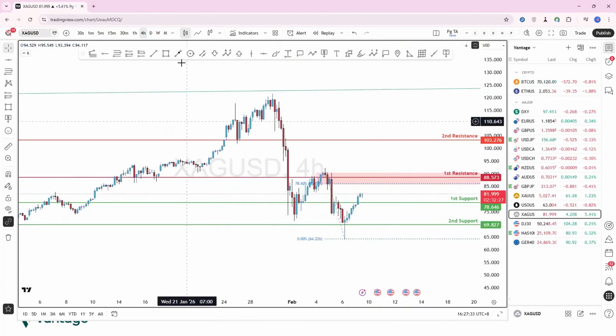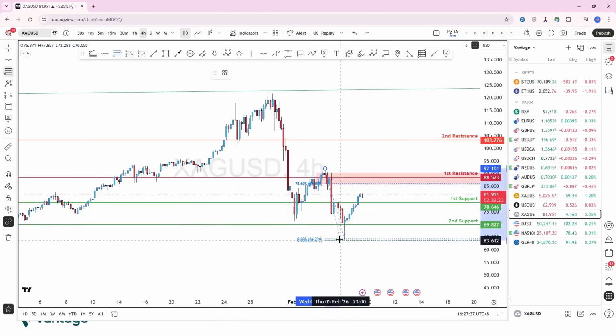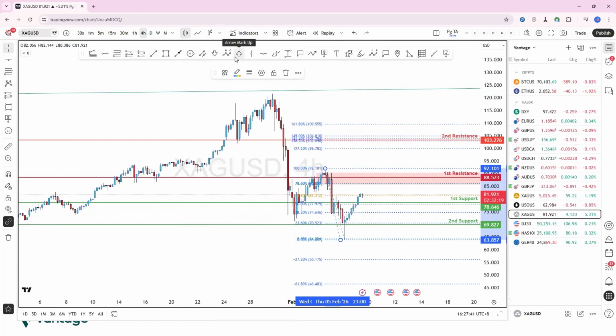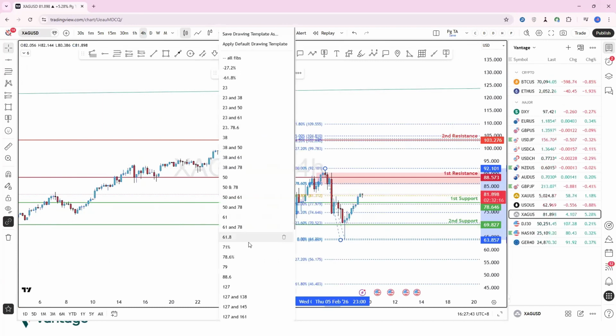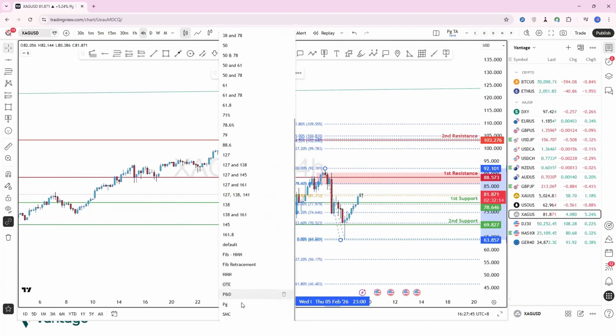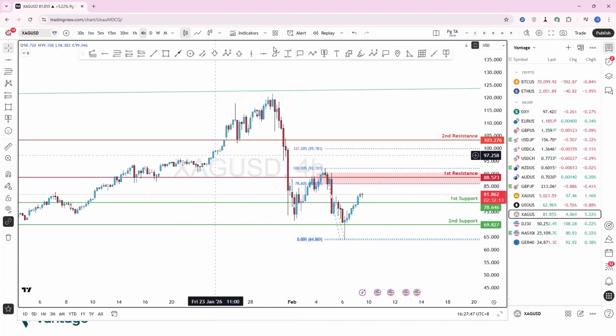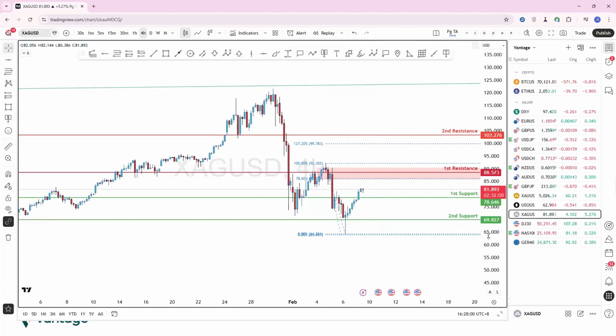If price closes above the Fibonacci first resistance, then we can use the extension, take the closer one, 127, somewhere around this, meaning about $100 for the silver. So this is a key level for the silver.